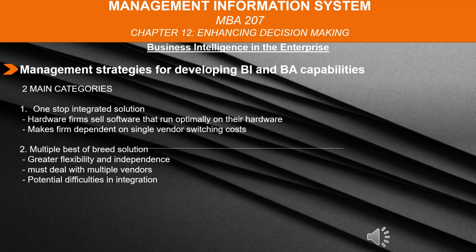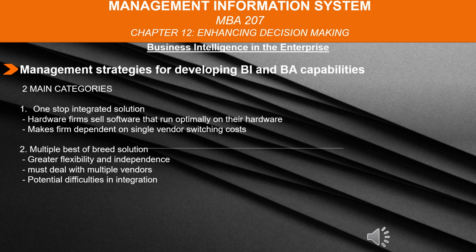Management strategies for developing business intelligence and business analytics capabilities. There are two main categories: the one-stop integrated solution and the multiple best-of-breed solution. In the one-stop integrated solution, hardware firms sell software that runs optimally on their hardware.